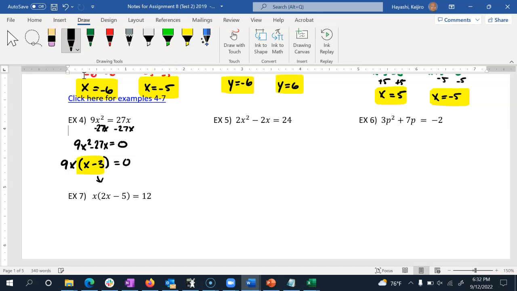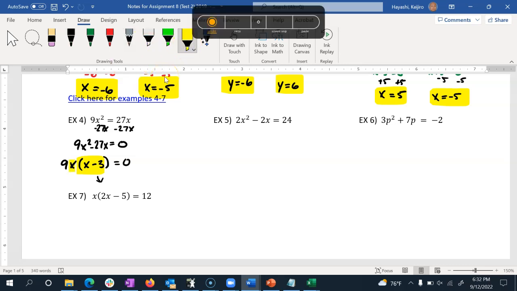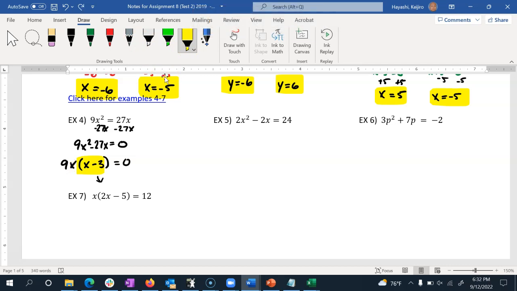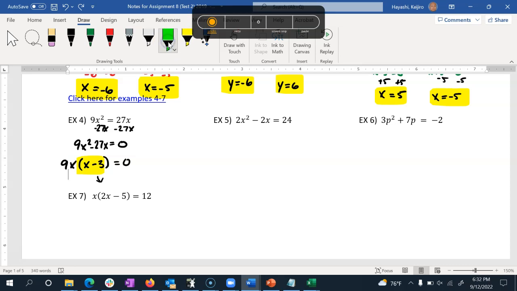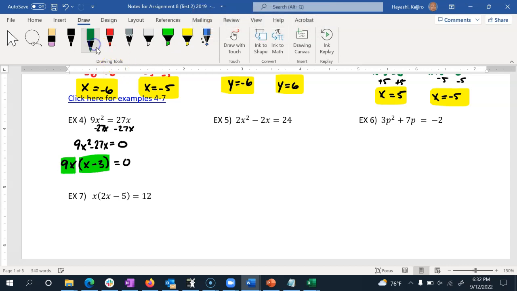Your other one is 9x. You don't even have to say the 9 because the 9 is a coefficient. You can just say the other factor is x, because that 9 is just being multiplied on there, but you can say either way. It doesn't really matter. I'm sure y'all are more inclined to say that 9x is the whole factor, so I'll just go with that.